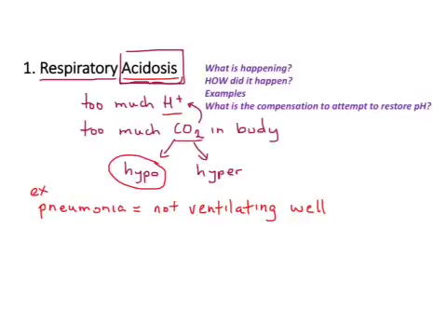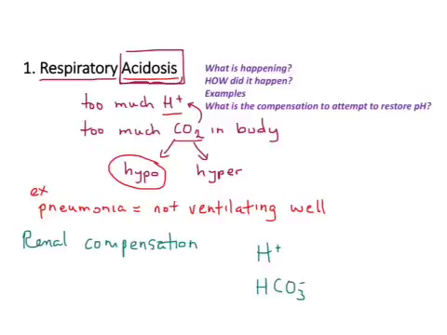Very simply, how does the renal system try to fix it? So we'll call this renal compensation, and we just list the two things that we know contribute to acidosis and buffering. So these are two choices.